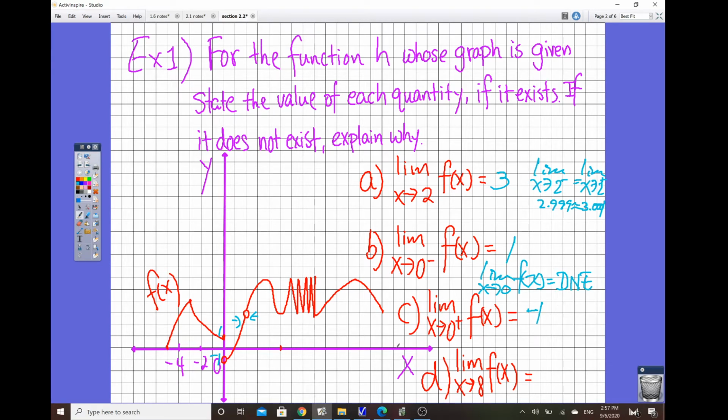And now what about the limit at 8? So here: 1, 2, 3, 4, 5, 6, 7, 8. You might be wondering what happened with this curve right here. This one is called oscillation. Oscillation means it's going up and down non-stop, repeatedly.